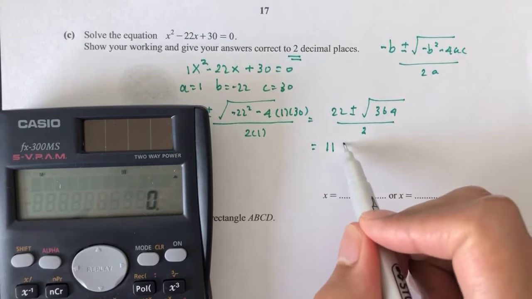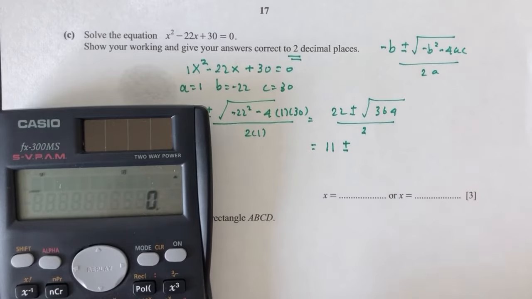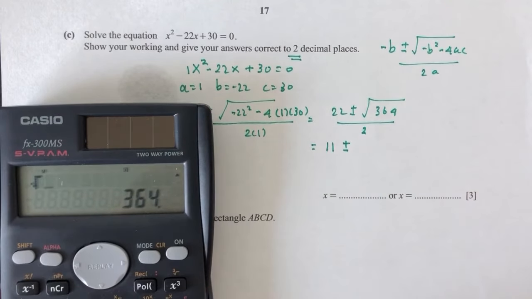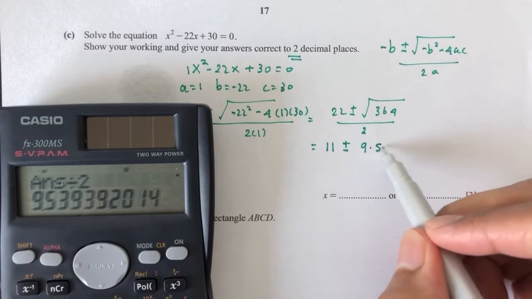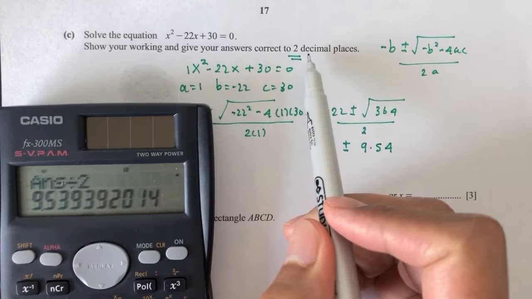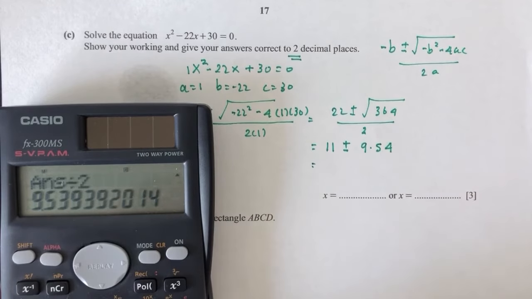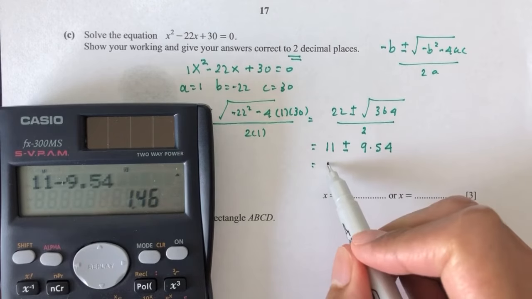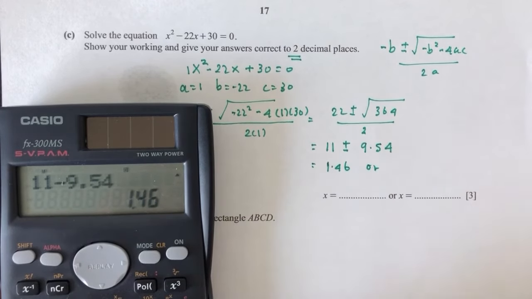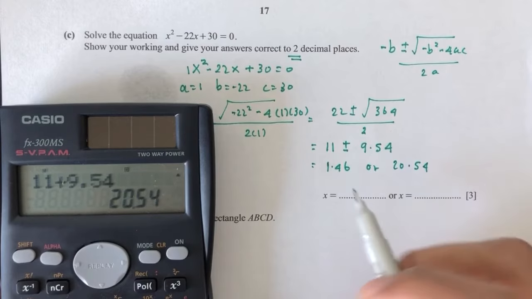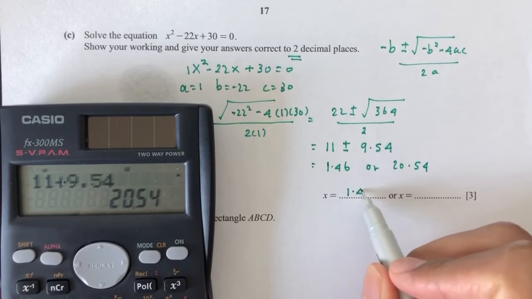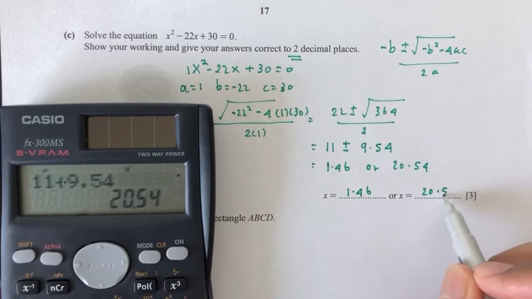That will be 11 plus or minus, and this one will be the square root of that answer divided by 2. We have 9.54 because it is correct to 2 decimal places. So the first answer will be 11 minus 9.54, that will be 1.46, or it can be 11 plus 9.54, that will be 20.54. So your answer for x will be 1.46 or 20.54.